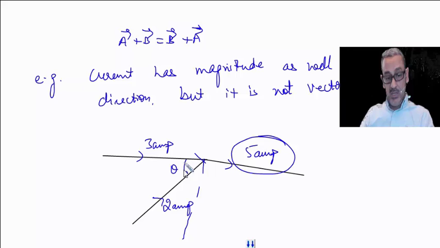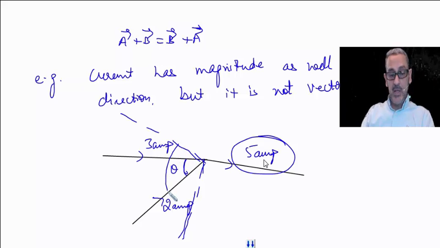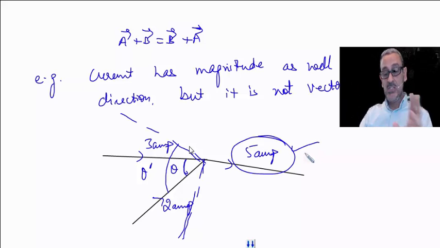If I change this angle theta, the value of 5 ampere doesn't change. But in the case of forces, if I change theta, my resultant force changes. So current is not a vector quantity, it is a scalar quantity.